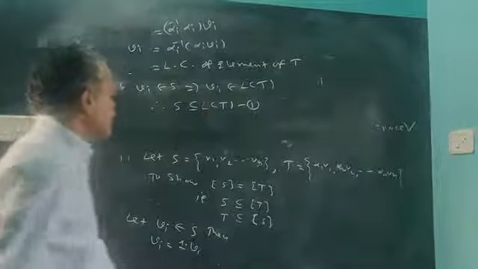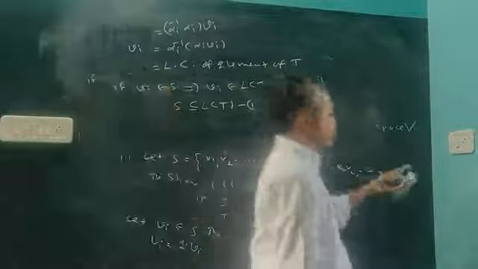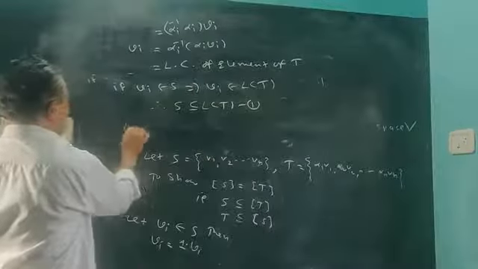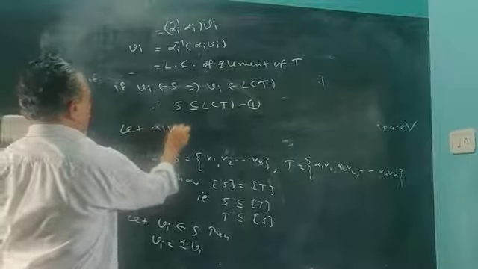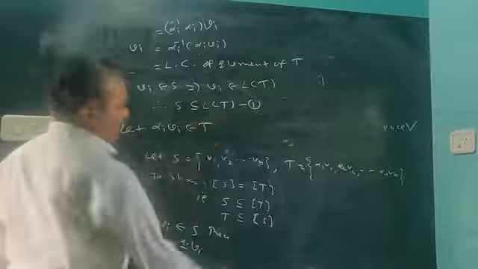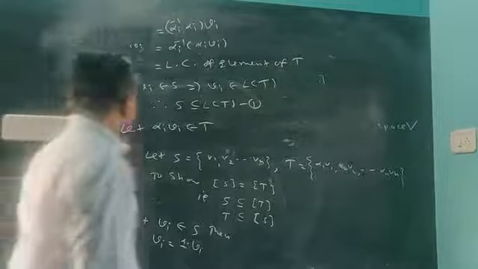Now secondly, take one vector of T. Like the ith element, alpha I Vi is one vector of the T set.